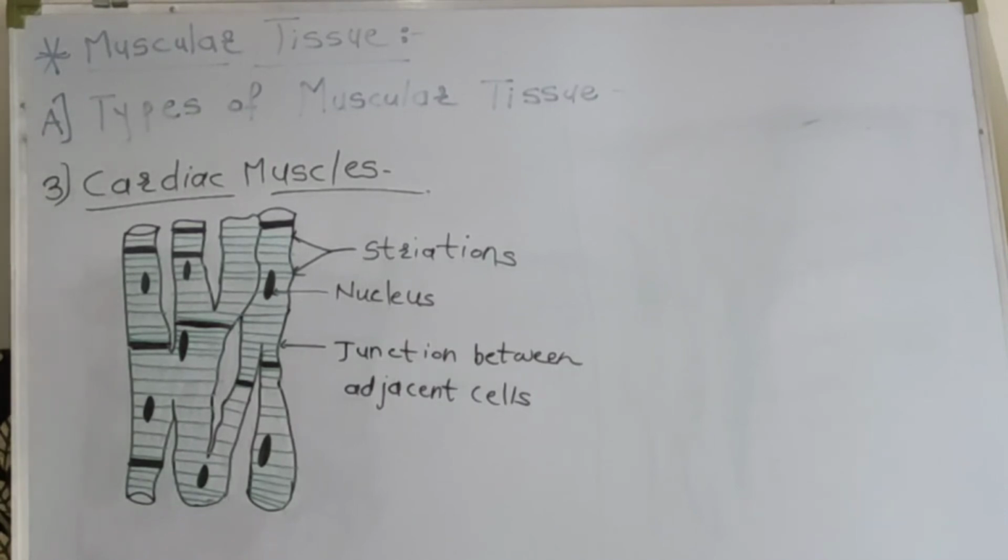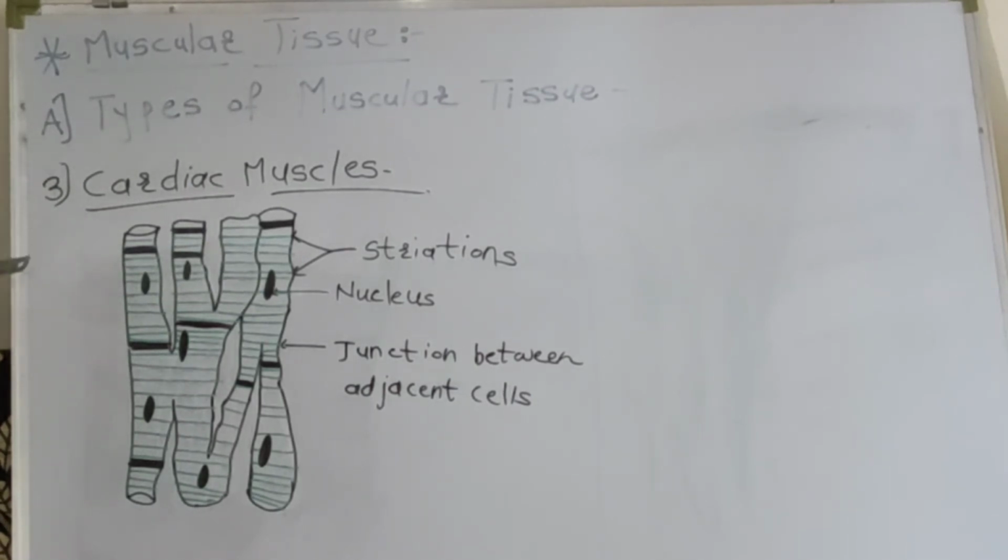Third is the cardiac muscle. You can see this is the diagram of a cardiac muscle, and you can see striations also present, non-striations also present, nucleus also present, and junctions between adjacent cells also present. First of all, you can see there is a nucleus, but it is not only one, there are multiple nuclei.